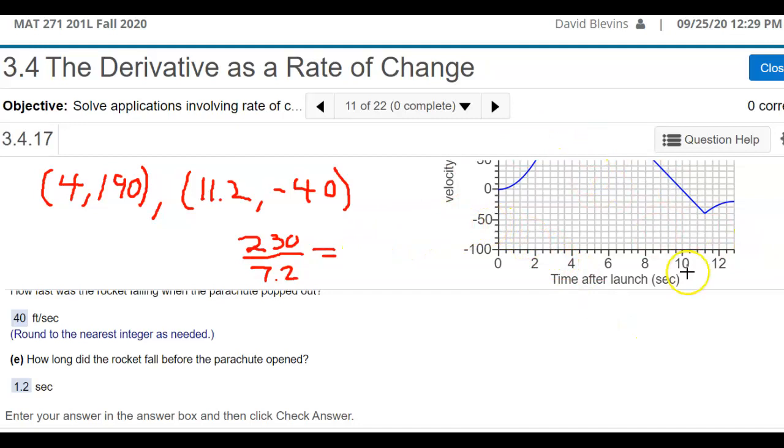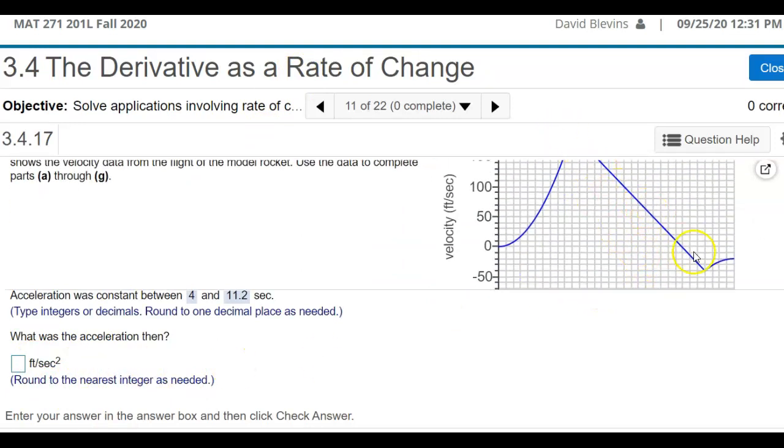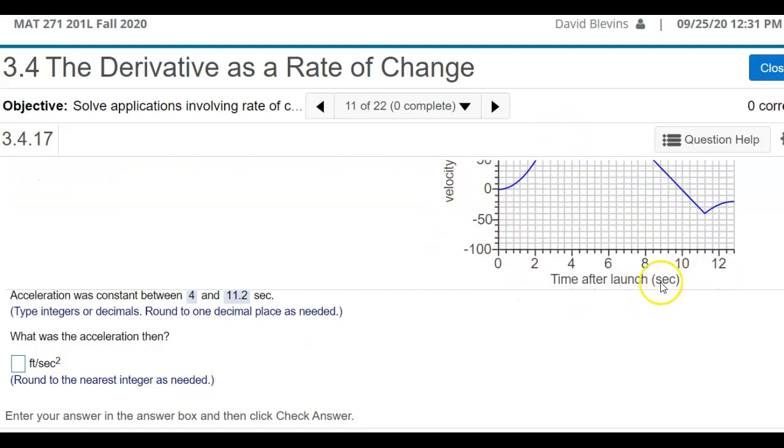All right, and that's downhill, that's negative. Sorry, one of these should be negative. I did 11.2, so I did this minus this, so that should be a negative 230. So that's a negative 31.94 repeating is my velocity. I'm sorry, it's my acceleration. It's the slope right there, and the units of slope are the y units per the x units.